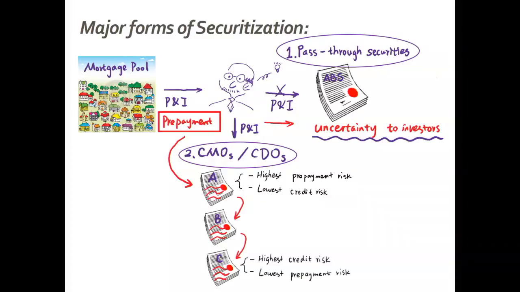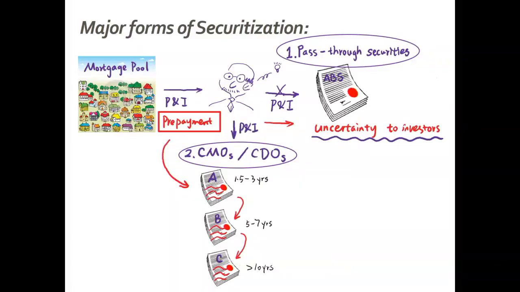On the contrary, class C bondholders will have the lowest prepayment risk, but they have a long term, they expect to receive the payments over a longer term, so they will have higher credit risk. On average, class A bonds usually have a 1.5 to 3 years maturity, whereas class B have 5 to 7 years, class C greater than 10 years.